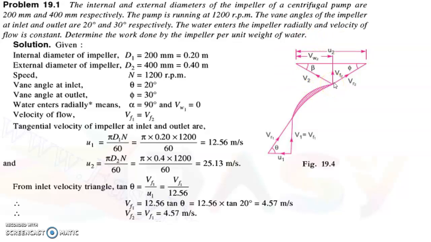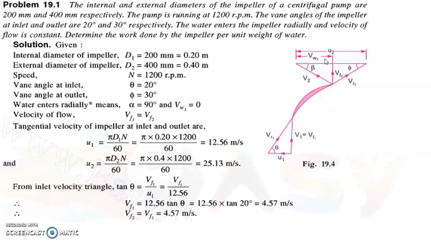It is leaving with velocity VR2, making an angle phi, that is the vane angle. This is V2, the absolute velocity at outlet. In between V2 and VR2 we have the tangential velocity U2. The perpendicular component of V2 is VF2 and the horizontal component of V2 is VW2.